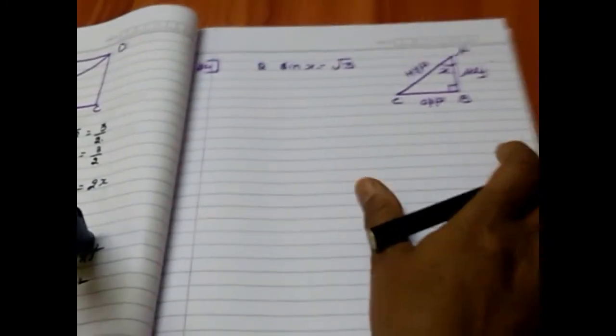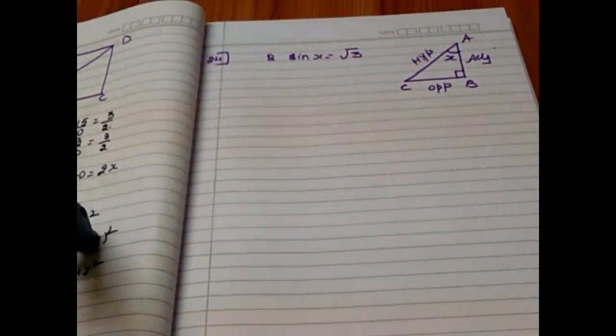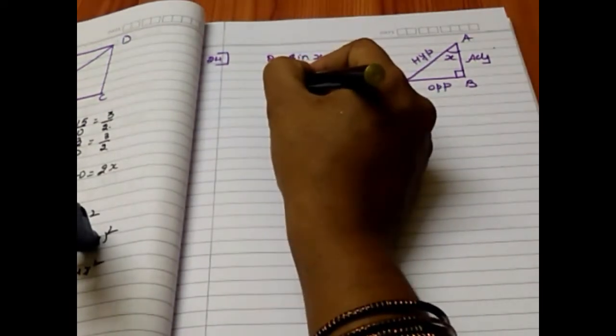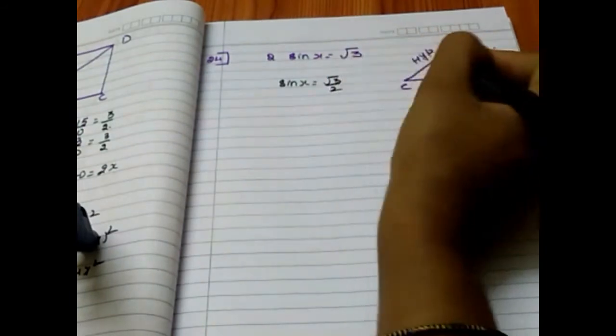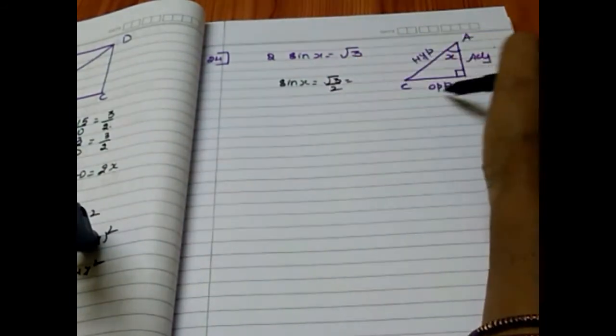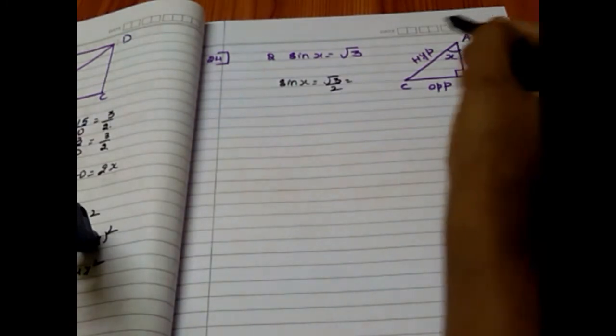So with the help of the length and breadth, we were able to calculate the area as well as the perimeter. Now, in a similar manner, in question number 24, the first value given is 2 sin x is equal to root 3. So what you can obtain by this? Sin x can be equal to root 3 by 2. So remaining steps are similar, children. Again the triangle is drawn here and angle A is marked.